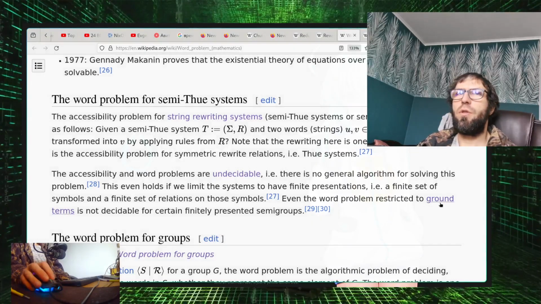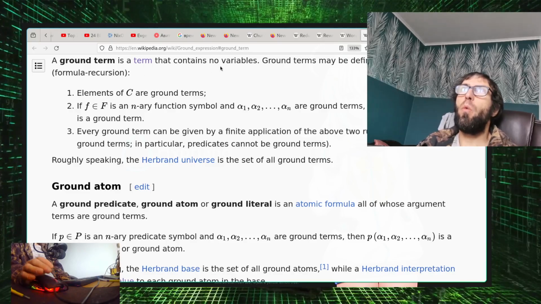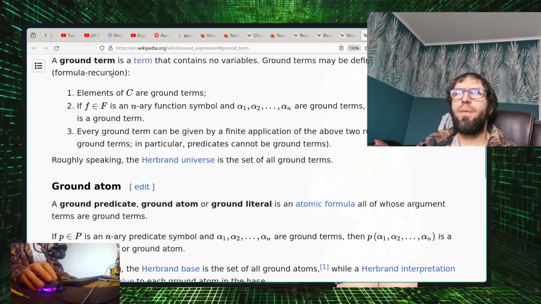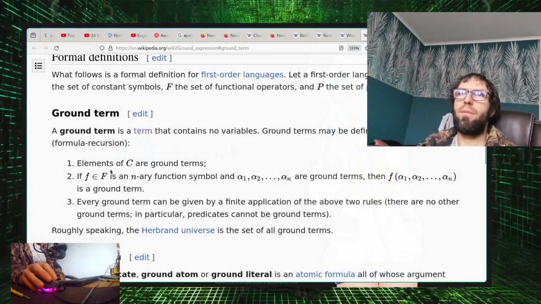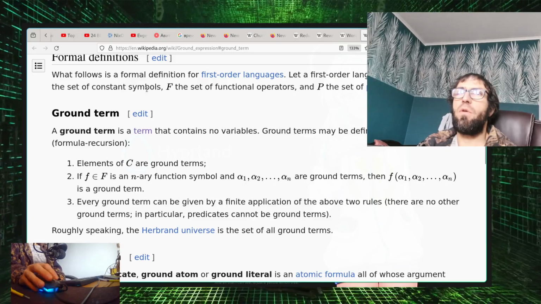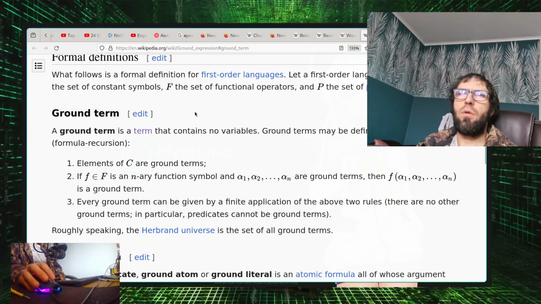What is a ground term? A ground term is a term that contains no variables. Ground terms may be defined by logical recursion, formula recursion. Elements of C are ground terms, so C is the set of constant symbols. This is a notion from a first-order language.